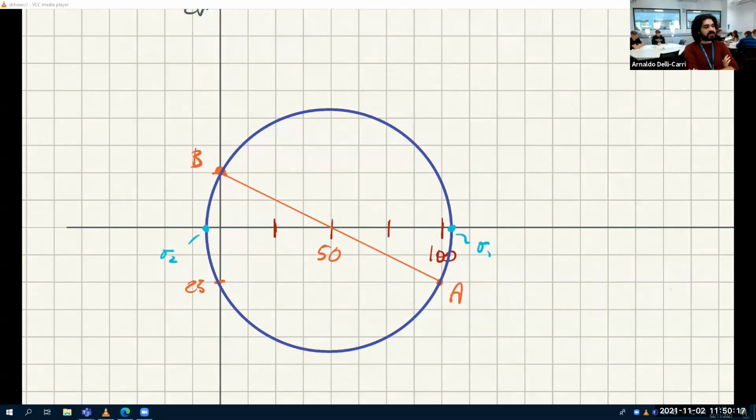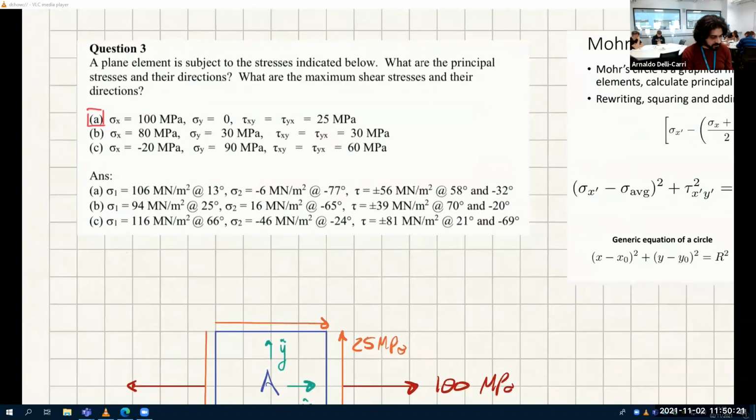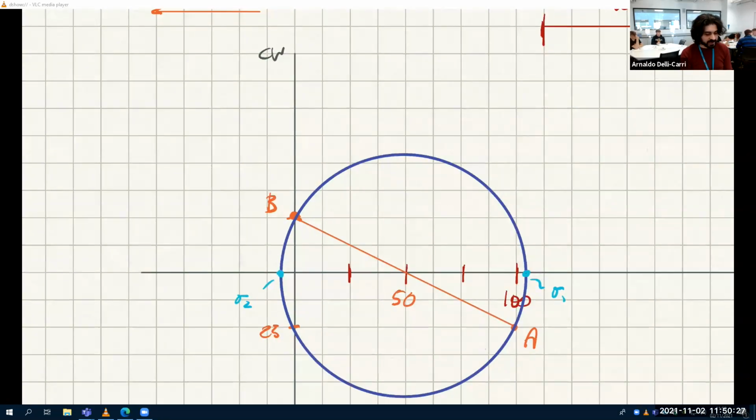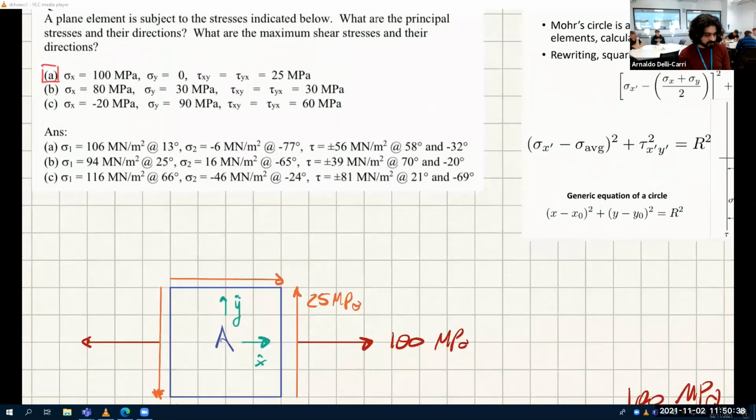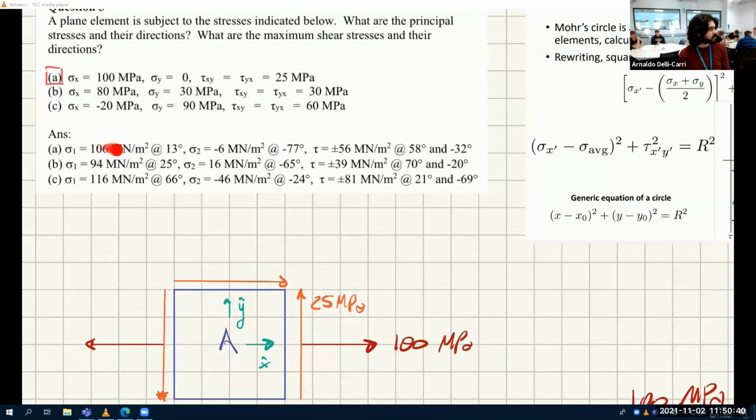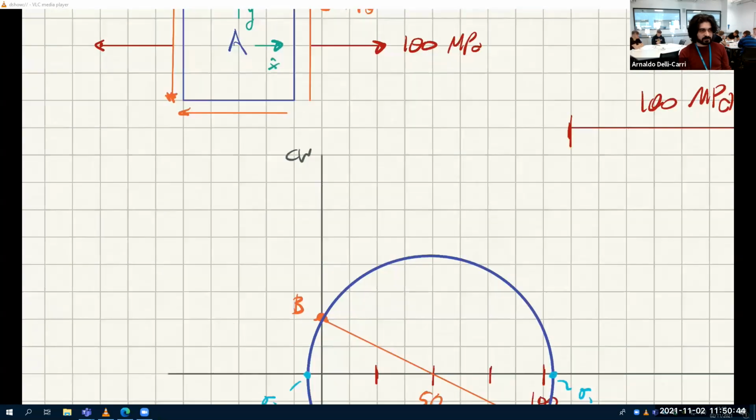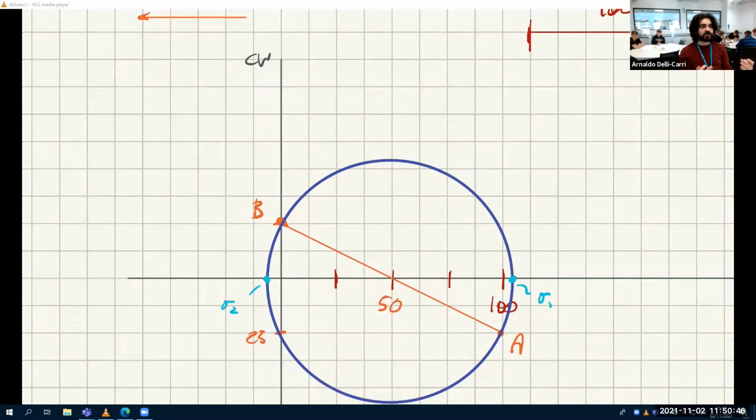Yeah, 6.25. Let me check. Minus 6. There you go. Nice. And let's check how much is sigma 1. It's 100, and this is 25. So it probably is 106-ish. Yeah, 106. See? It works, and it works wonders.